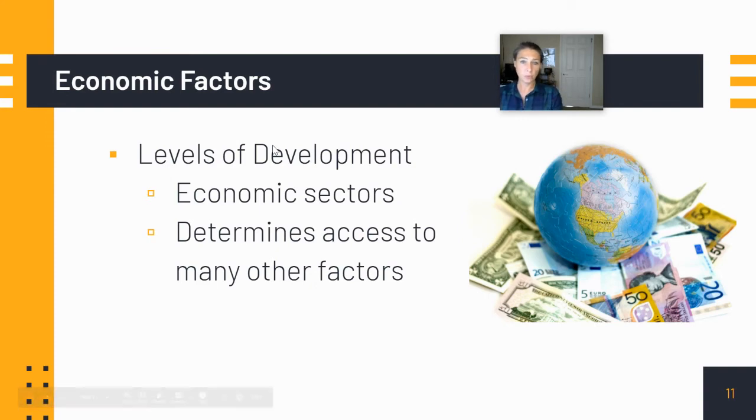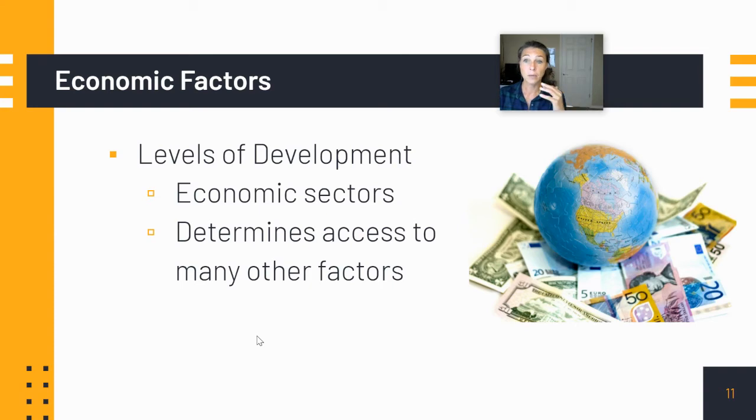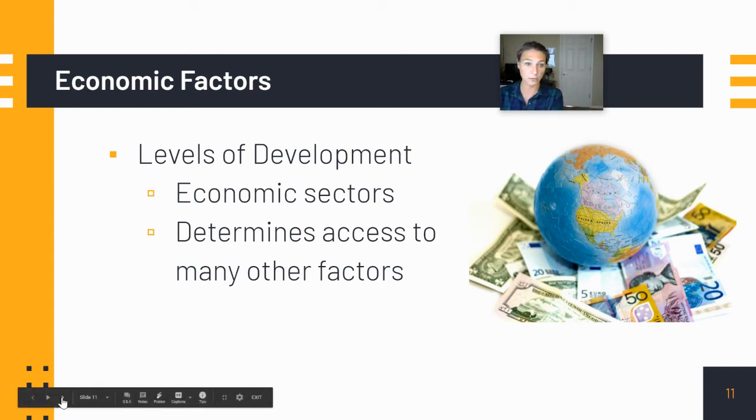Okay, but what I will say is that economic factors determine access to many other factors as well. What I mean by that is you need money, right? You need a good job in order to access healthcare or education. And when you are listening to me talk, be aware that you should be seeing how these connect to one another and how they influence each other.